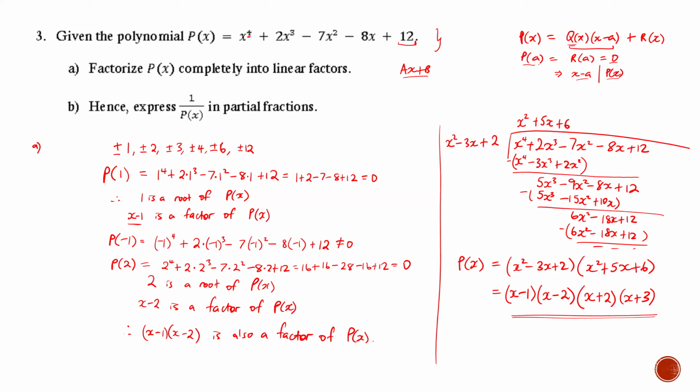We had a degree of 4 expression P. Does the degree of the equation show you how many factors you're supposed to come up with? Yes, it does. It shows you the maximum number of linear factors you could get.